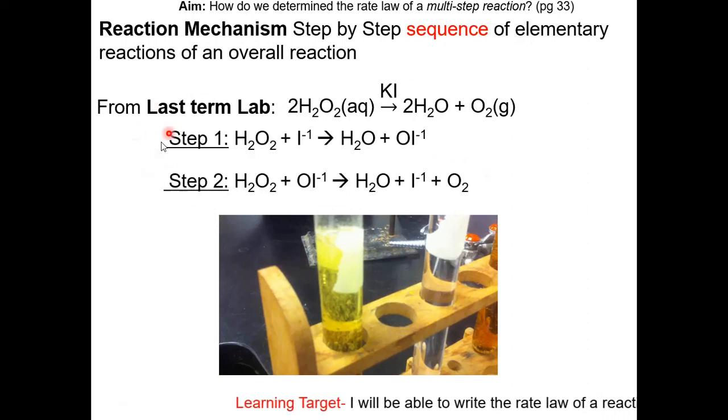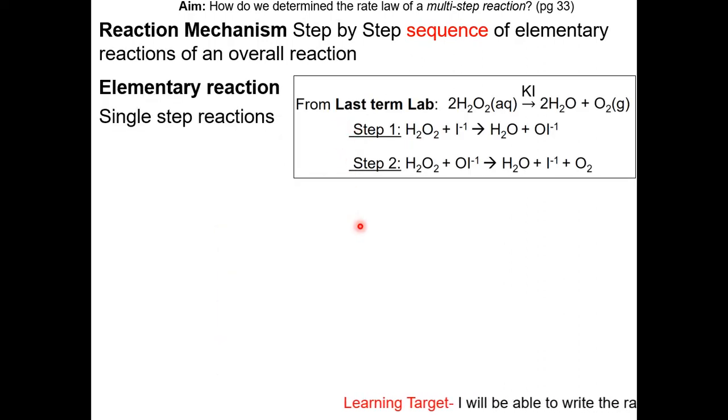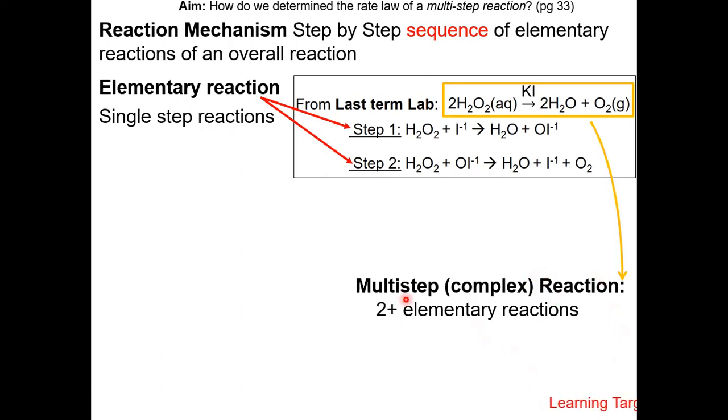This is the reaction mechanism of this reaction, showing what KI is doing in this reaction. These two steps are elementary reactions, which are single-step reactions. Therefore, this overall reaction is known as a multi-step or complex reaction, which consists of two or more elementary reactions.